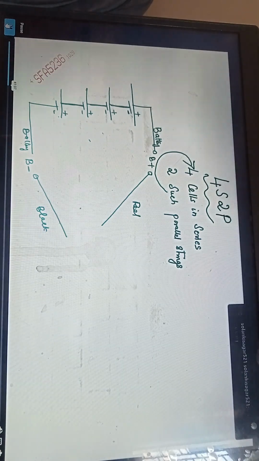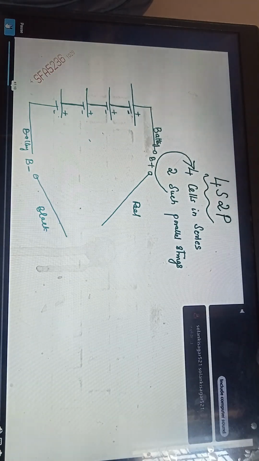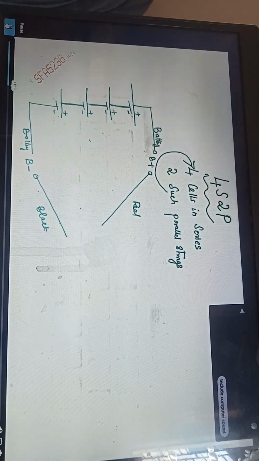I'll try to get some pictures of real battery packs so that you will be able to relate it. The nickel strips are spot welded inside. You cannot see it outside. Only 2 wires will come outside: battery plus and battery minus. Okay, so this is 4 cells in series.